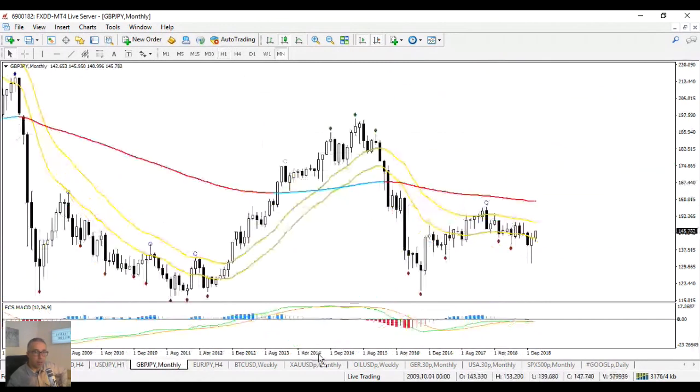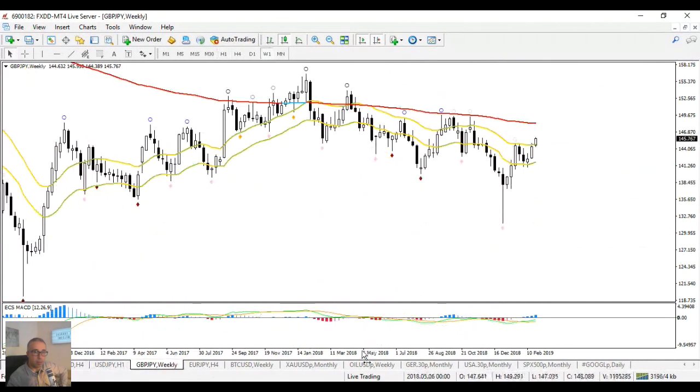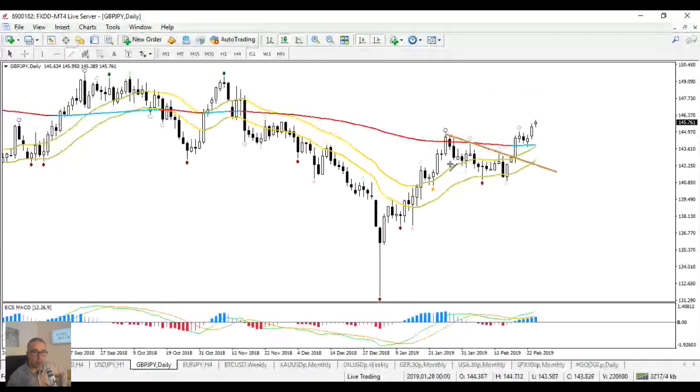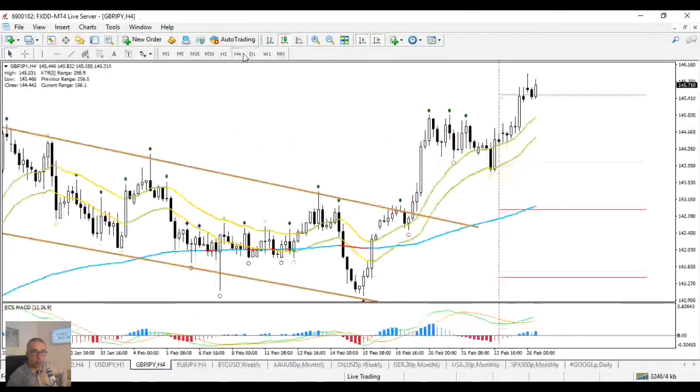All right. Pound yen. All right, let's see. The candle is clearly giving an uptrend here.